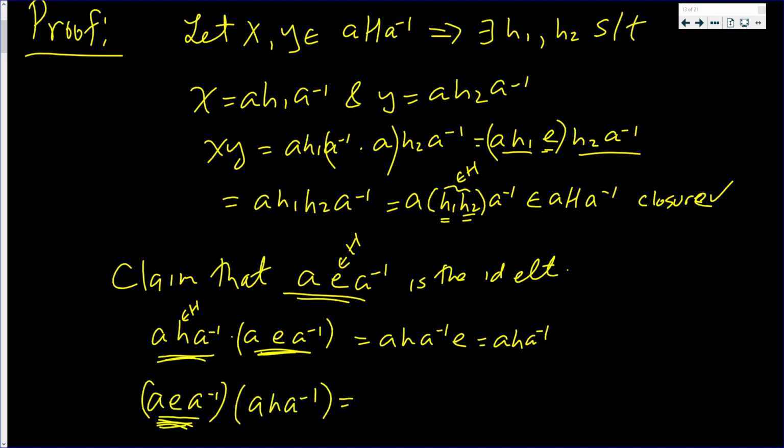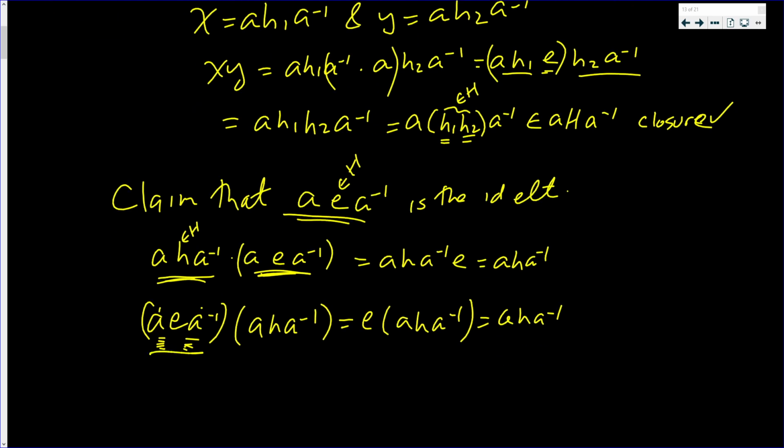So we do know what the identity element is. It's a e a inverse. You can't really say e is the identity element here, because it's not in the right form.